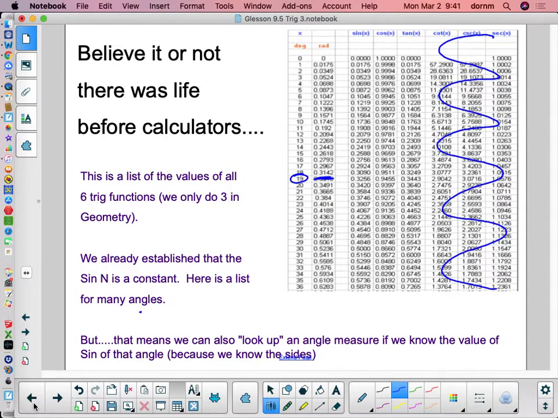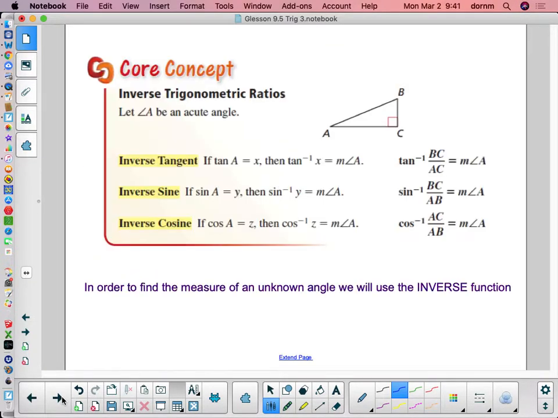So this is where our inverse functions come in. Inverse functions are used when what is unknown is the angle. By the way, this is in your first notes here. In order to find the measure of an unknown angle, we use an inverse function.